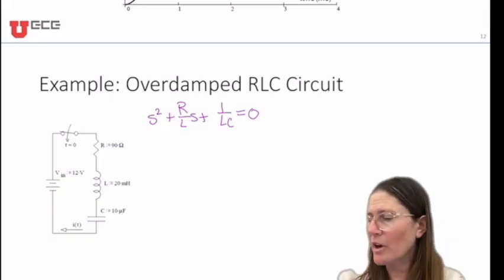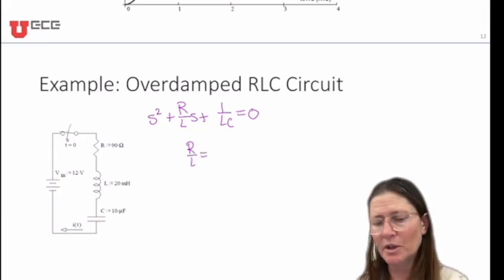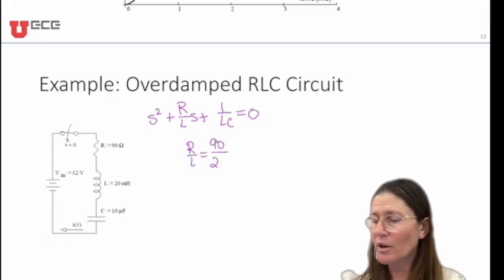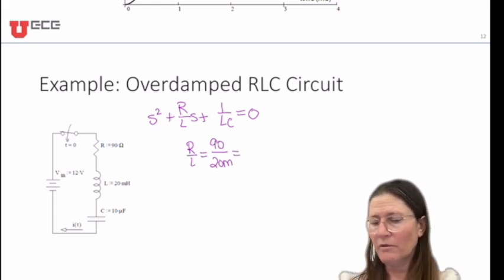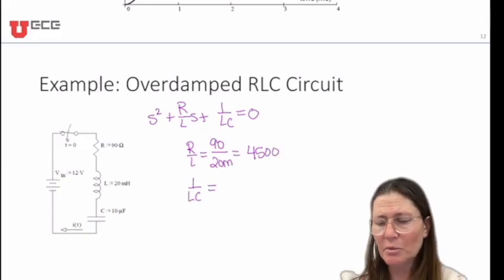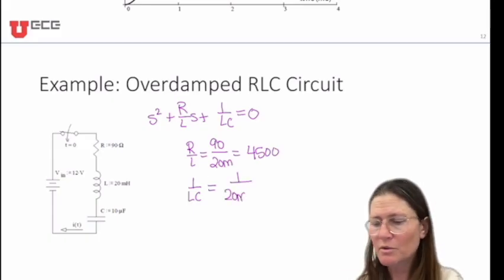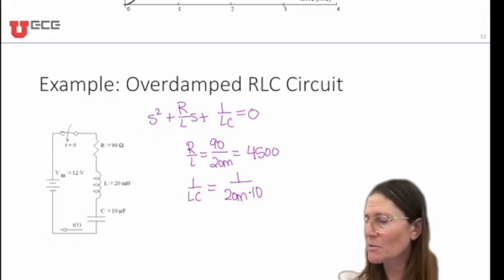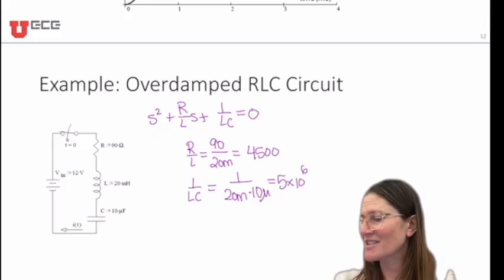In this case, R over L is going to be 90 over 20 milli, for 4,500. And 1 over LC is going to be 1 over 20 milli times 10 micro, for 5 times 10 to the 6th.